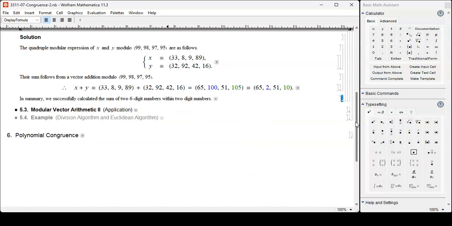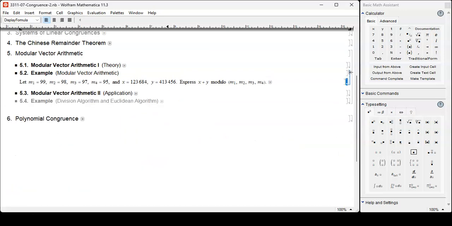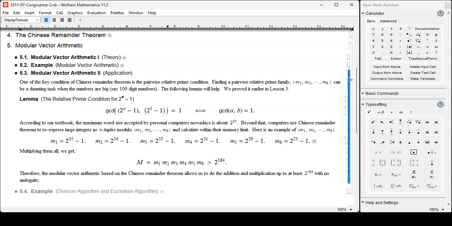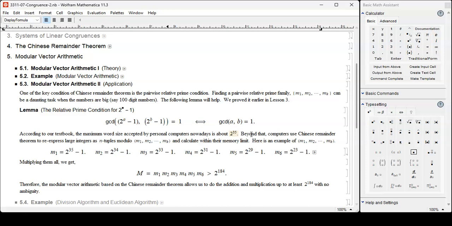Now, of course, modern-day computers are far more effective, so they can handle not just two-digit numbers, but can hold up to 2 to the 35th power according to our textbook. And the textbook was written sometime around 2010, I think, so maybe it has improved these days. I don't know, but 2 to the 35th power is humongous already.